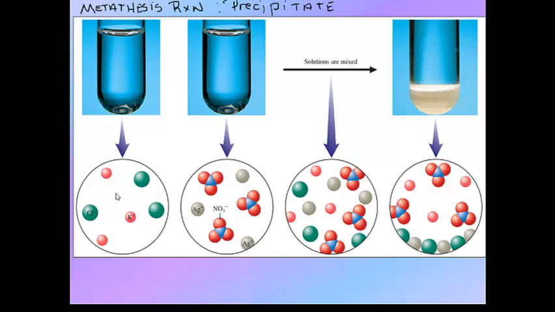In this container, we have a soluble salt in solution, potassium chloride, potassium ions here, chloride ions there. It is a soluble salt. It is a strong electrolyte, so it dissociates 100%. Notice in the entire little image here, there's no compound potassium chloride, just the ions.